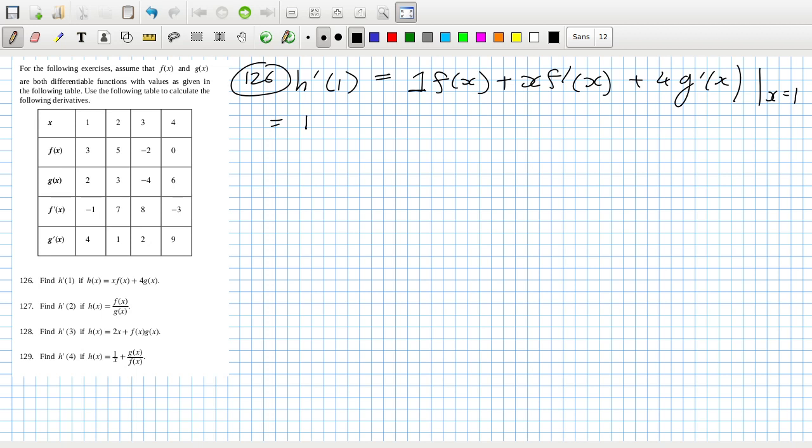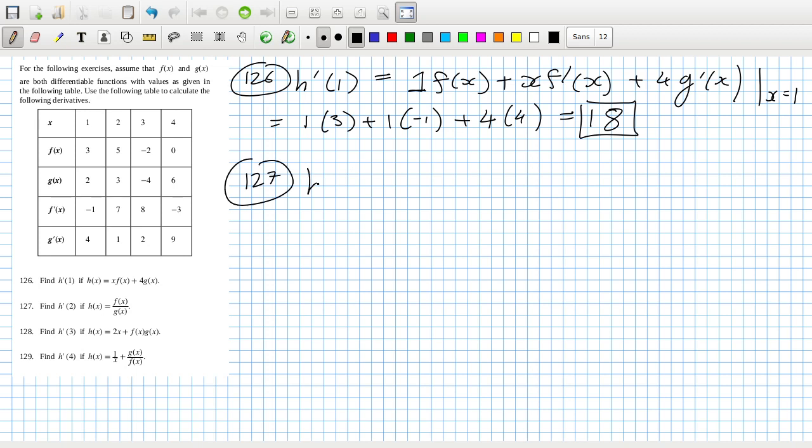So that would be 1 times f of 1 plus 1 times f' of 1 plus 4 times g' of 1. So 16 minus 1 is 15. 15 plus 3 is 18. I hope.